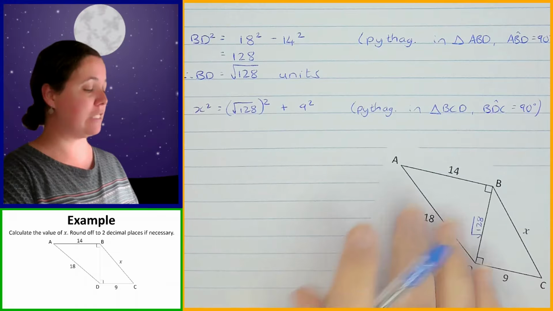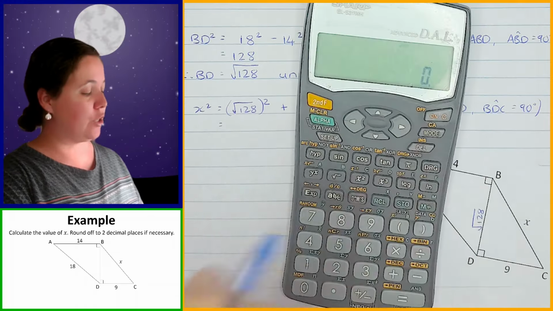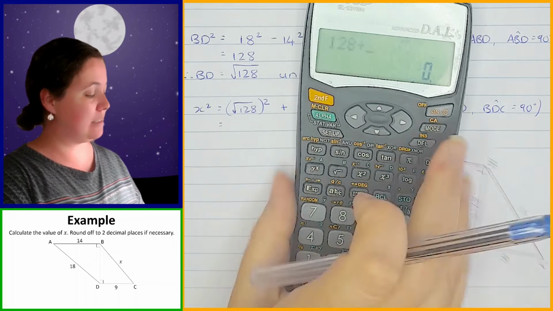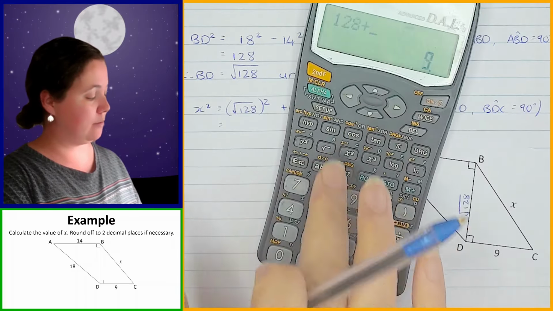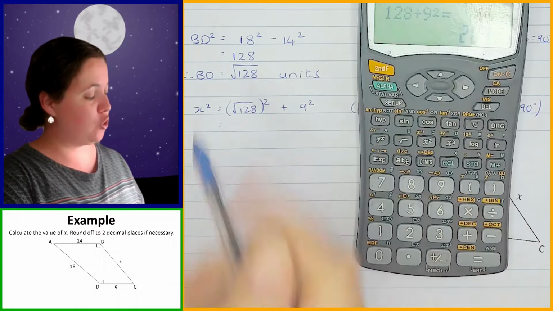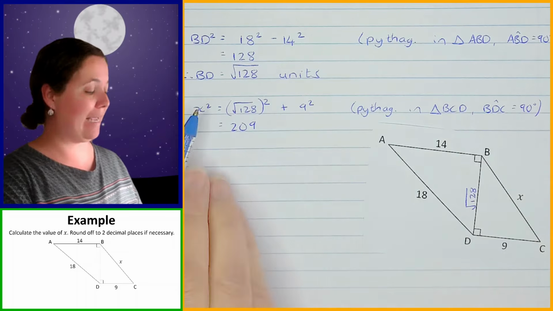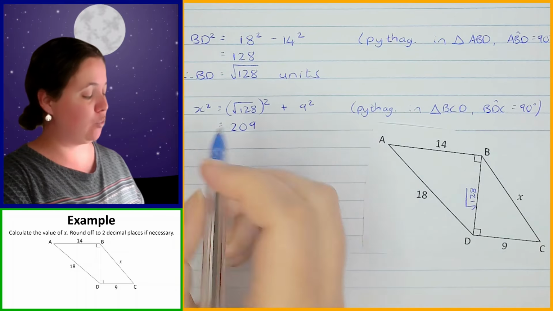Okay, so now I can go and work this out. The square root of 128 squared is 128 plus 9 squared equals 209. Okay, so x squared is 209. Now I need to work out what x is.